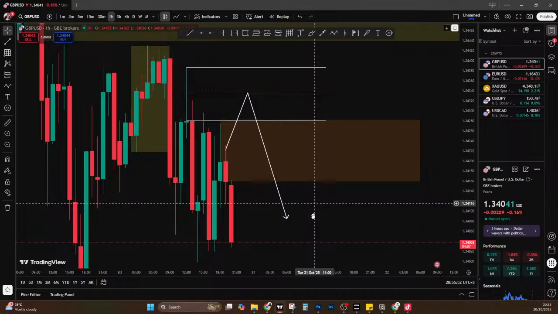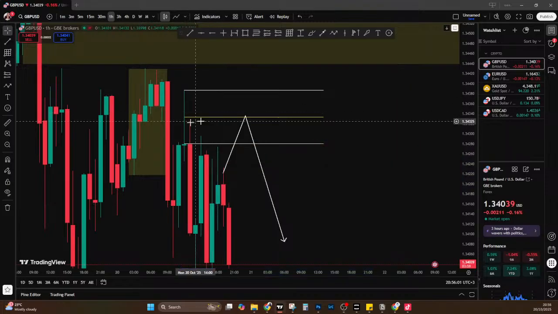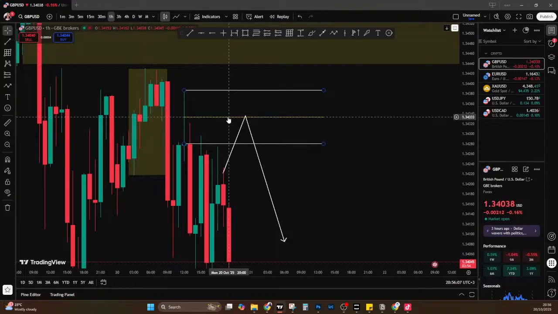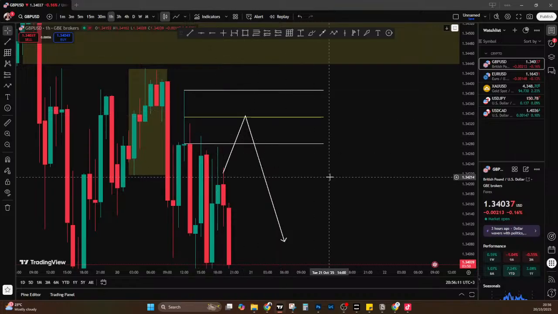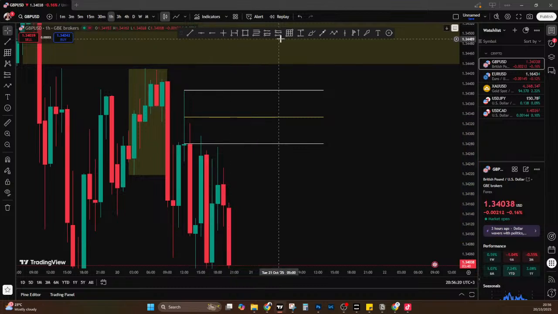Now that the base has been taken out, but the 50% has not been taken out, because if the 50% has been taken out, the week that takes out the 50% now has all the money. But as of now, this wick still has money. So especially as an intraday trader, you can look for a sell opportunity from here.